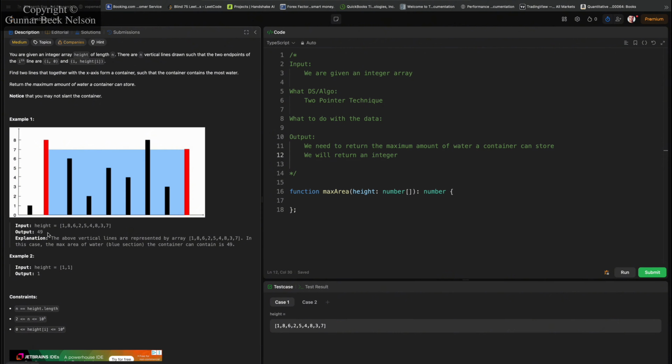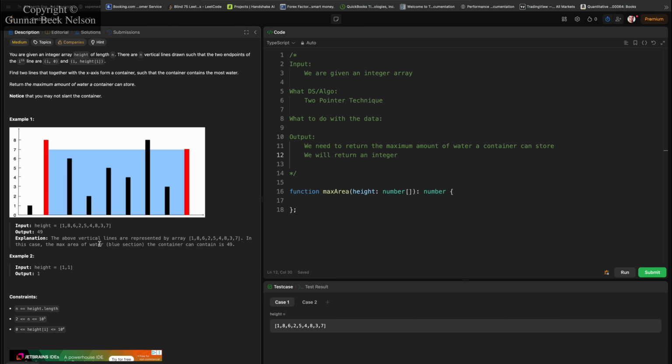So there's a reason why we have 49 in here whenever we are looking at our given example. Someone may think, oh, if we just multiply this and this, but we have to look at the spaces between each of the following lines, which makes this problem a little bit tricky. For this example, the output will be 49 for our given area.